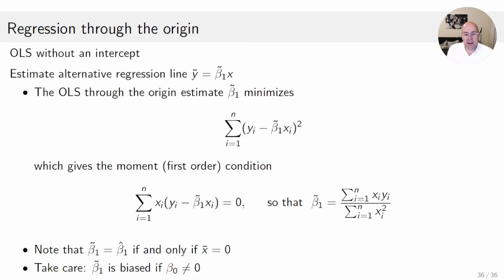This is to say, in principle, you can simplify the whole argument and do the whole thing without an intercept, but you run the risk of getting a biased estimate of the slope if you're wrong.